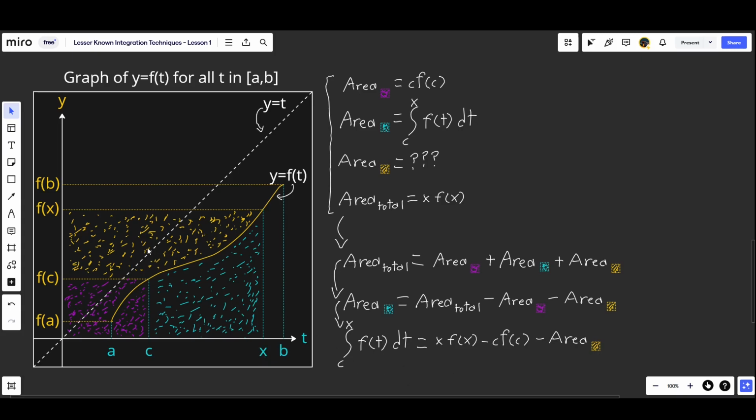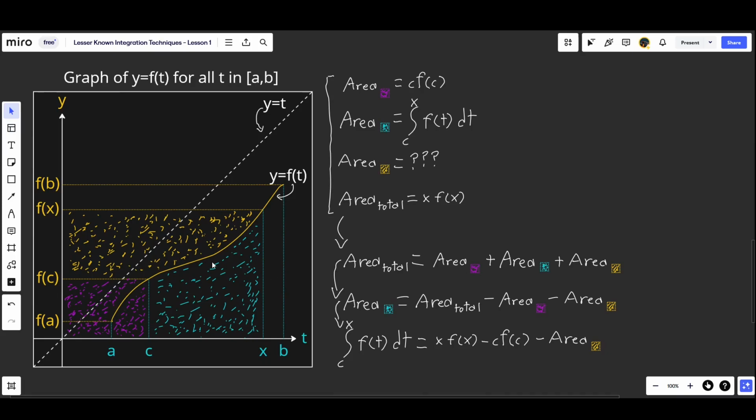This function, which takes the outputs of f of t as input and returns the inputs of f of t as output, sounds suspiciously like the inverse function of f of t. So our next logical step is to graph the inverse function of f of t and see what it tells us.